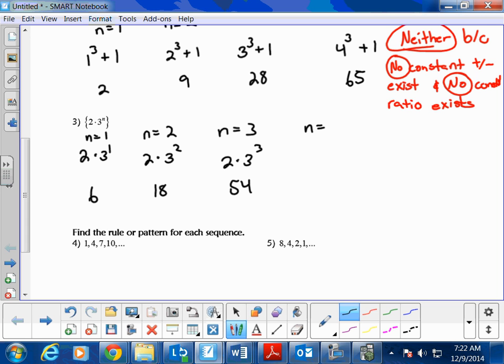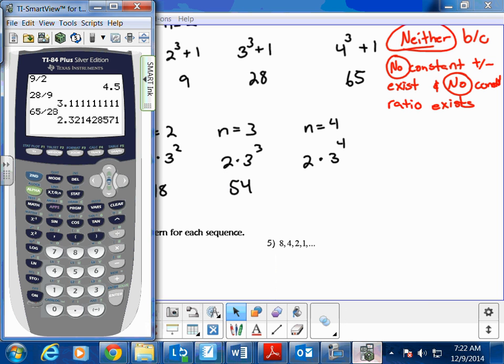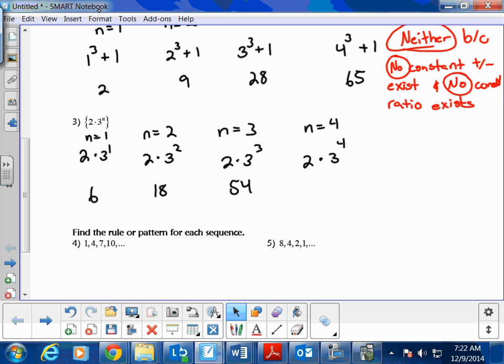And n equal to 4, which means I have 2 times 3 to the 4th power. Let me pull up my calculator real quick and get that one. 2 times 3 raised to the 4th power is 162. So I have 162 in this case.